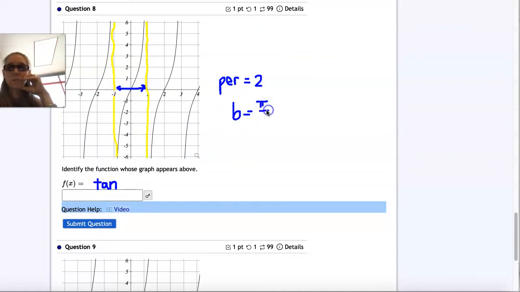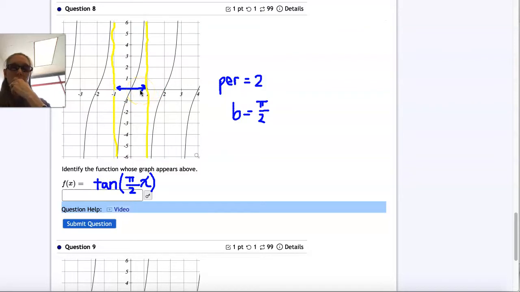I can also observe that this graph has not shifted to the right or the left, or up or down. That would make this a lot more challenging had it been shifted. And I'm pretty sure that this problem right here is not going to be shifted to the right or the left for you, so it should be simple enough to figure out what the period is.